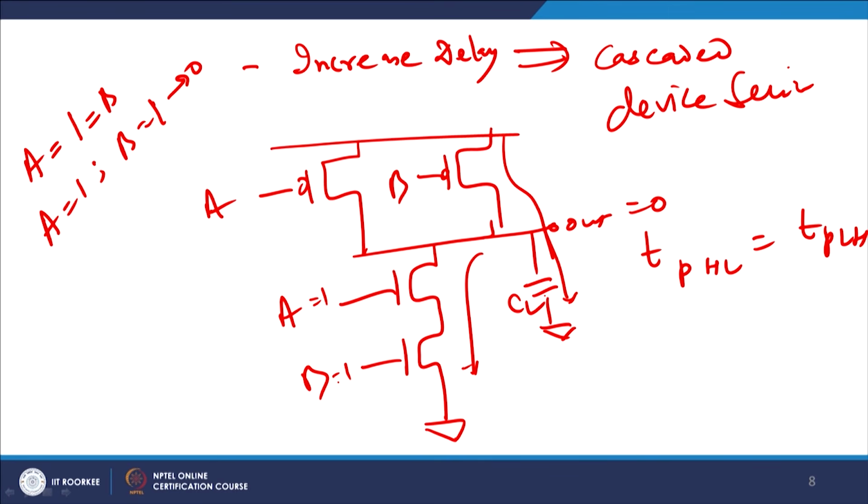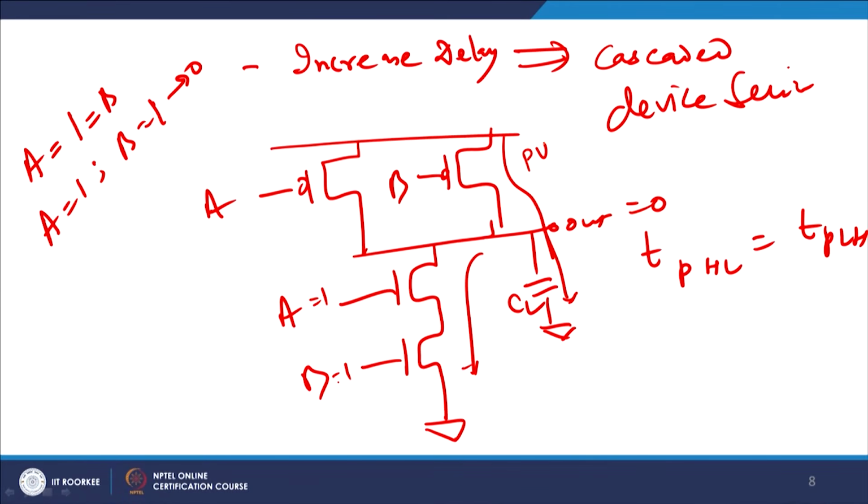Now if you want the charging and discharging times to be almost the same, then since the capacitance is the same, you have to just ensure that the resistance is also the same, that is, the pull up network resistance is exactly equal to the pull down network resistance. So I should do a simple thing: I should make the W of these devices double.